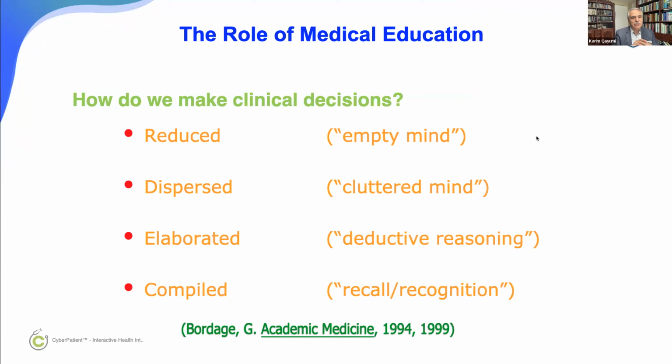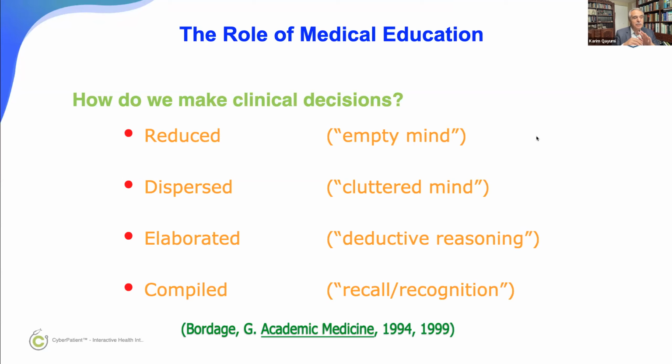The first question is one I would ask you, perhaps, but we're not in the same environment, so I can't physically ask it, but I will ask it virtually. How do we make clinical decisions? And how do we make diagnostic decisions? Research has shown that there are 4 types of thinking: reduced thinking, dispersed thinking, elaborated thinking, and compiled thinking.